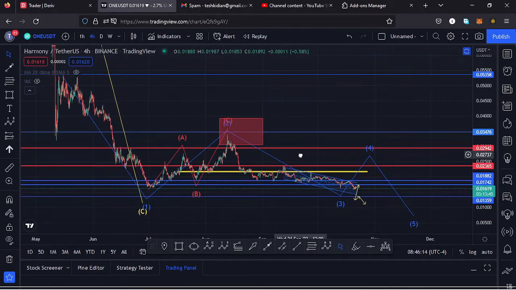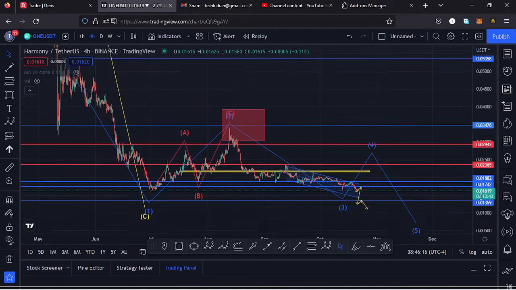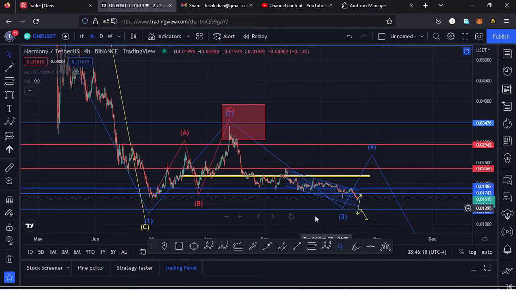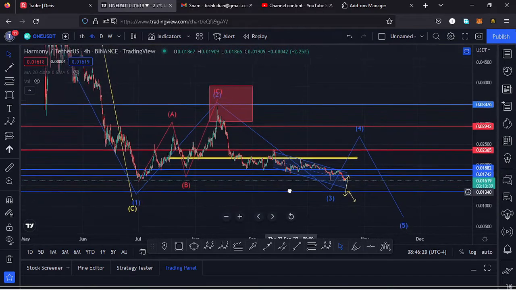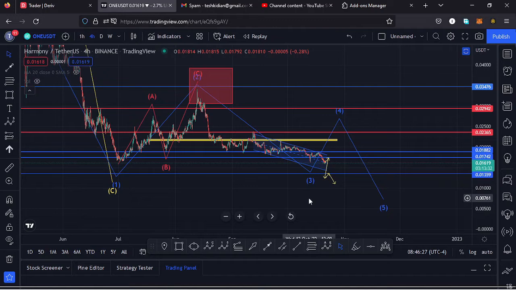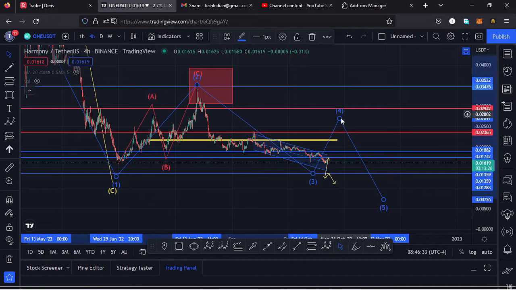And very soon I'm hoping the low for that third wave will be in over here, maybe at around the $0.015 mark. No one knows the point at which the low will be in, but very soon we are making a low, and once that happens, I would expect a very nice bounce to the upper side in the formation of a wave 4 before we continue unlocking lower prices in the formation of a wave 5.